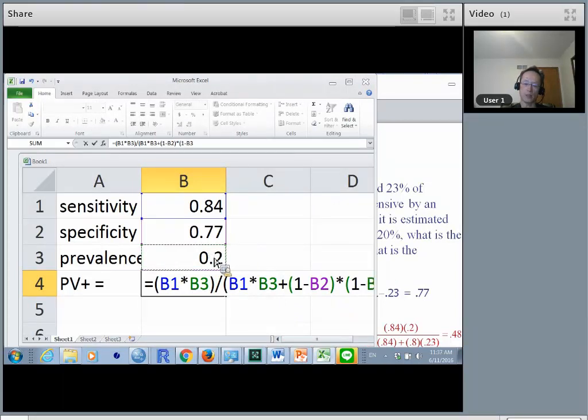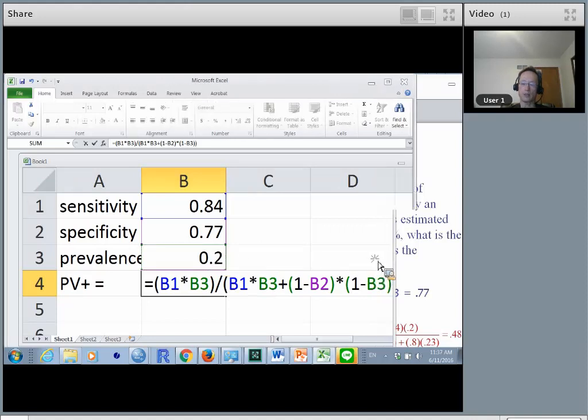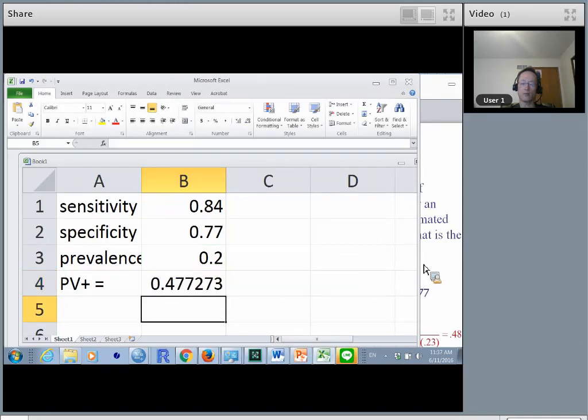That's what I said. So you get the formula like this. It's 47.7%, about 48%.